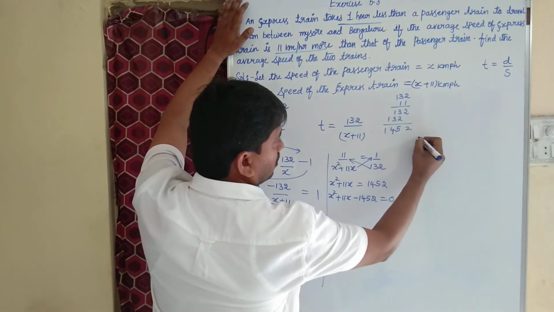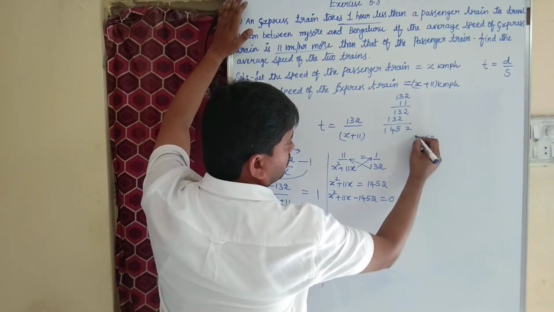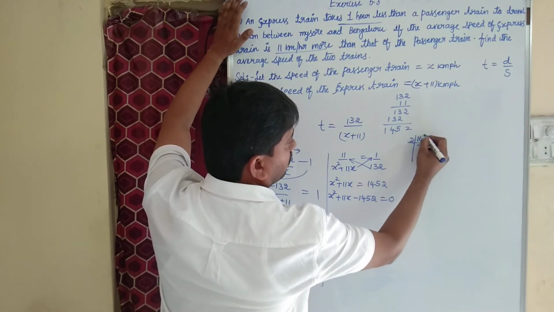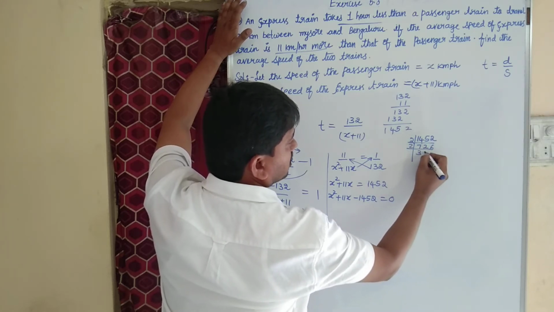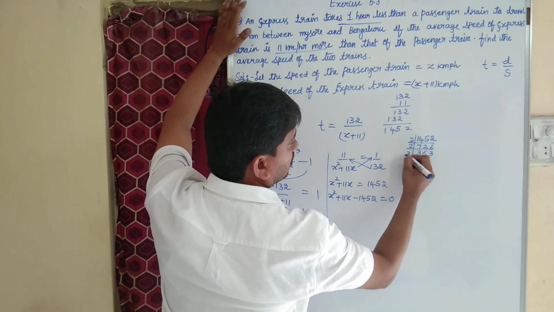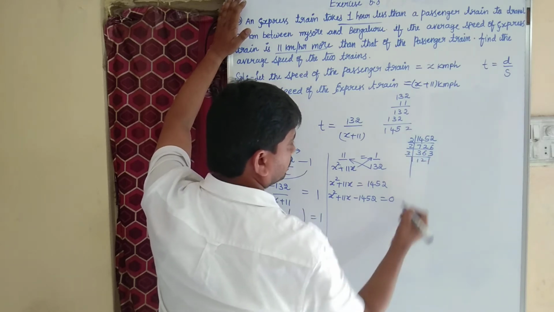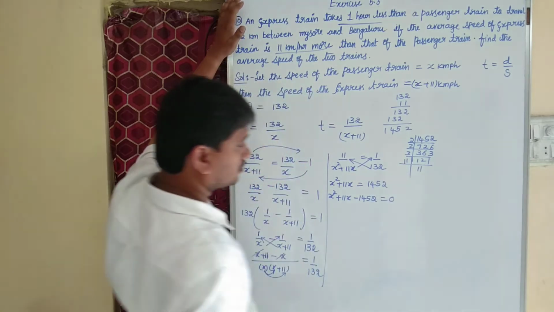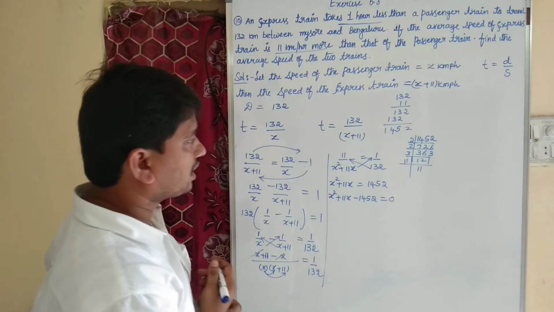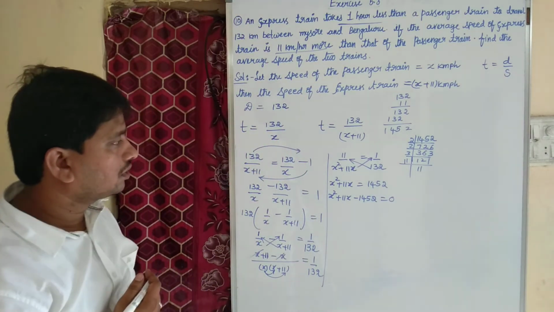So the factors of 1452: 2 7s are 14, 2 2s are 4, 2 6s are 12, 2 3s are 6, 2 3s are 6, 3 1s are 3, 11 1s are 11. So how much should we get? 11, right? So what are the factors?